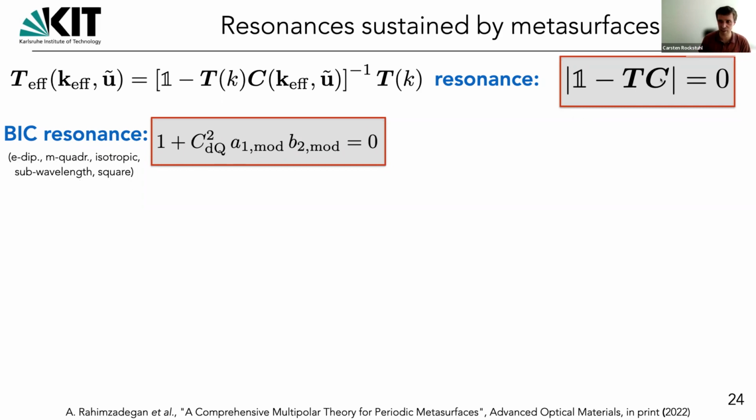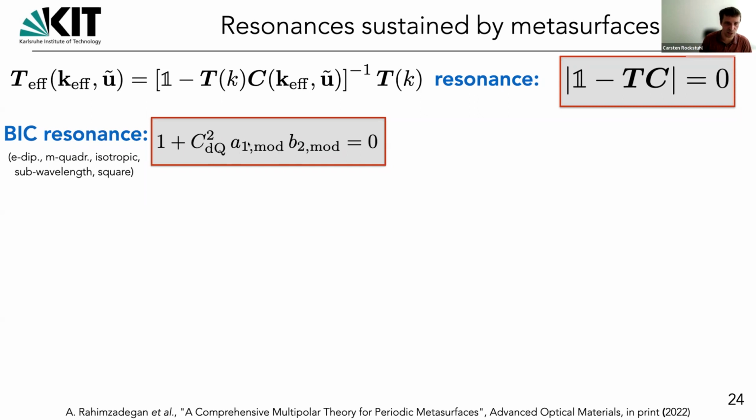And then this equation over here can be written down in a very compact notation, where we have a modified electric dipole and a modified magnetic quadrupolar Mie coefficient that are modified due to interaction with itself inside the lattice, but also due to interaction with the other multipole moment that characterizes the scatterer. And this is one particular lattice coupling coefficient that appears here already at this level.